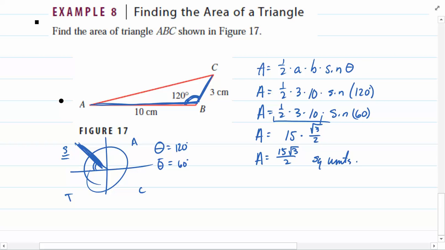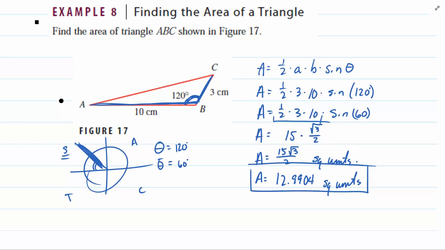Now, of course, you could turn this into a decimal, and I believe that comes out to be 12.9904 square units. If you're using a calculator to evaluate this, you don't have to show all of the steps that I did here. I just wanted to illustrate that it is possible to find the area without the use of a calculator.